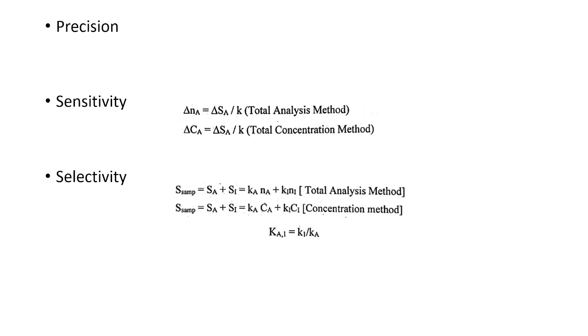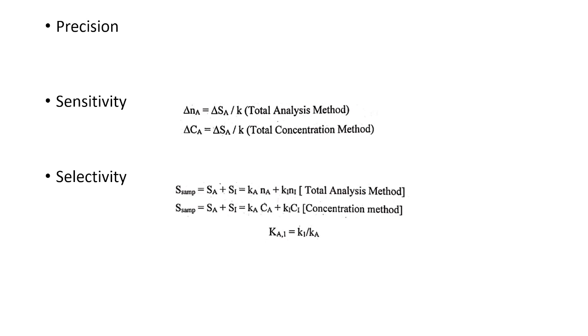So the value of this ratio Ki upon Ka can be negative as well as positive. We are not interested in the sign, because that gives the direction of its interference. We are interested in the amount of interference.